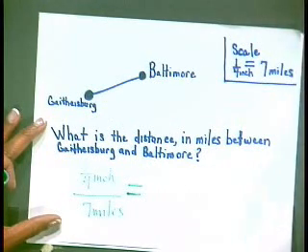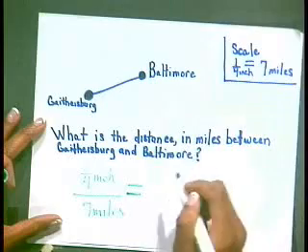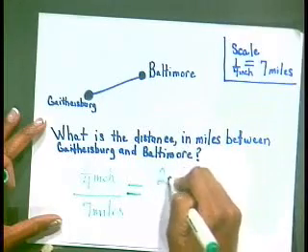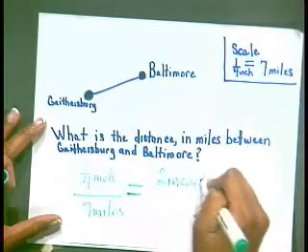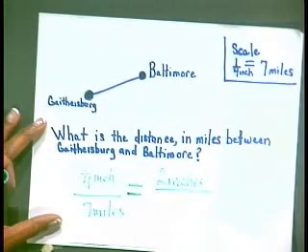On the map, it may be inches, centimeters, etc., but we want to find out the distance in real life. So I know 2 inches will go on the top because I'm keeping the same units on the top and the same units on the bottom.